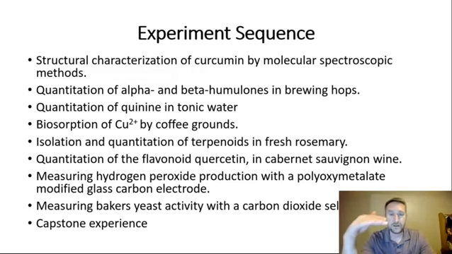So what I'd like to do is talk to you briefly about each of the experiments and what our focus was associated with that, what the primary instrumentation focus was, and then how we were able to pull some peripheral components associated with what the students were learning into that as well.